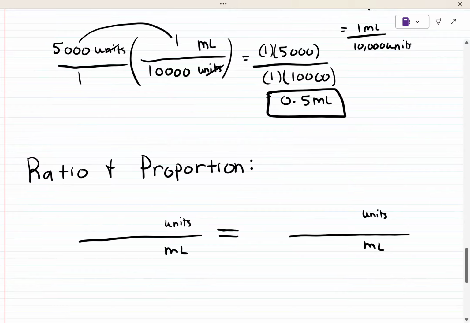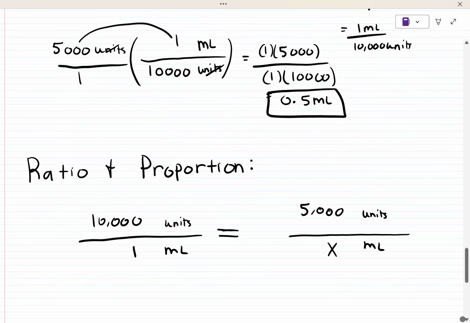We were given that for 1 milliliter, our availability was 10,000 units. And then we were given 5,000 units, but we don't know how many milliliters.